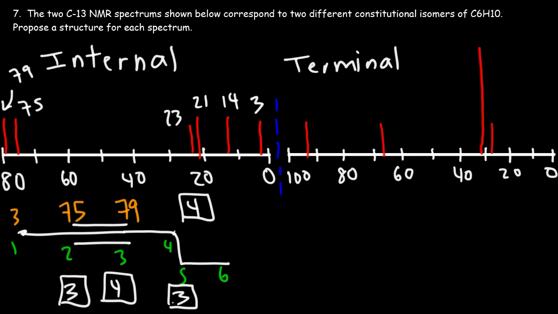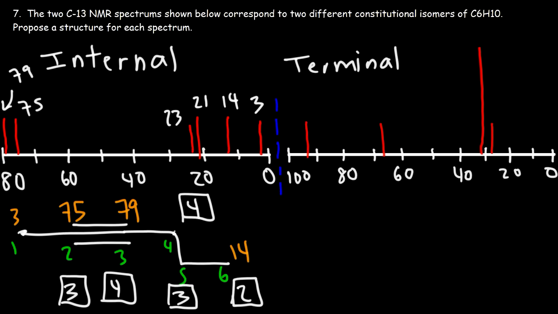And carbon 6 is adjacent to a secondary carbon, giving it a score value of 2. So what do you think the signal will be for carbon 6? Based on the many examples that we've covered so far, when a methyl group is next to, let's say, a CH2, typically the signal is around 10 to 15. And this methyl group is far away from the alkyne, so it's not really affected by it. So thus, the signal at 14 is reasonably attached to carbon 6, and it turns out that it is.